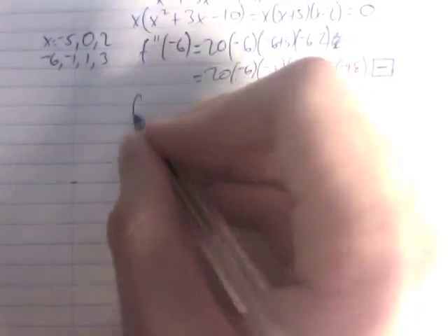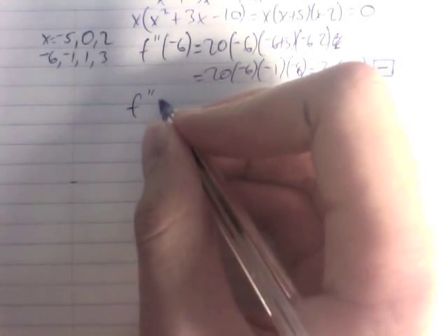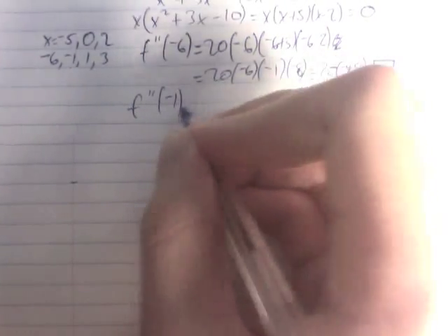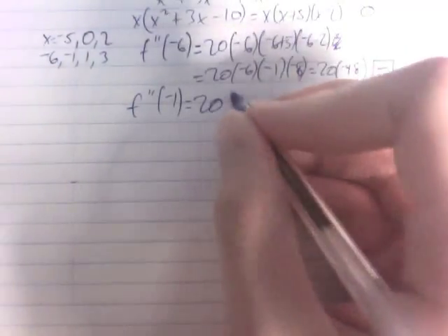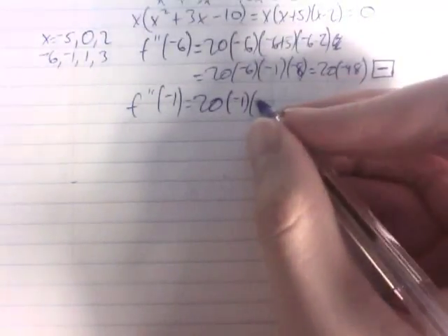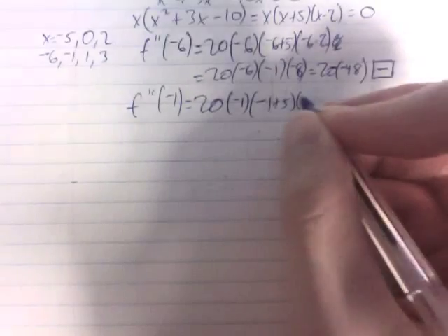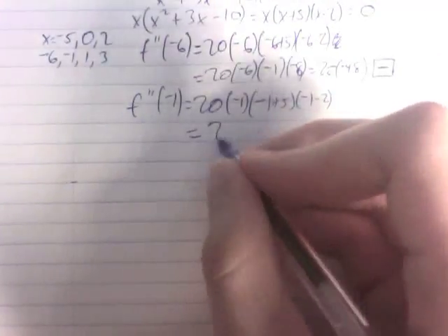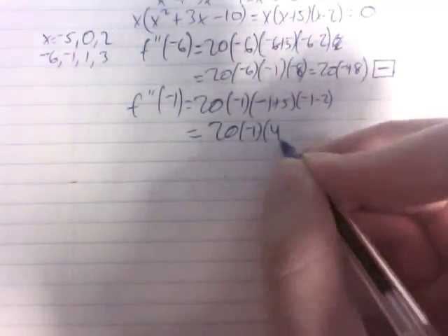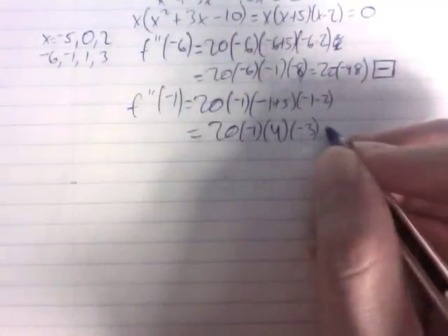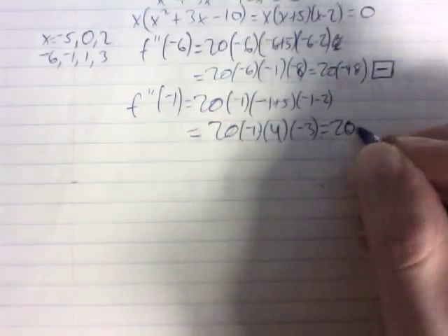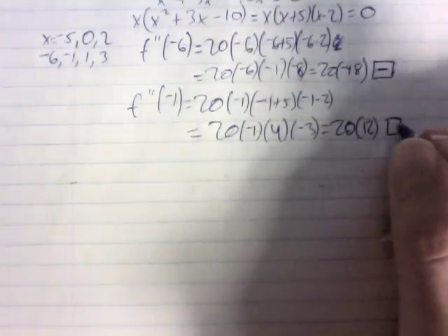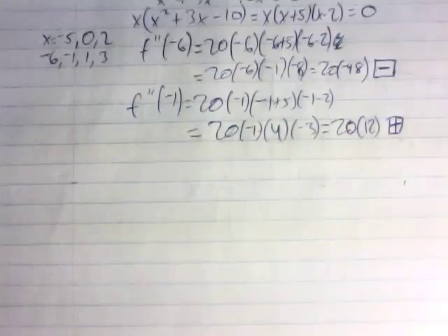Next we're going to try f double prime of -1. So we'll get 20 times -1 times -1 plus 5 times -1 minus 2. Bring it down here. 20 times -1 times 4 times -3 is 20 times 12, which is positive.